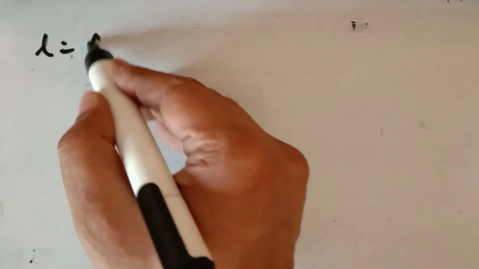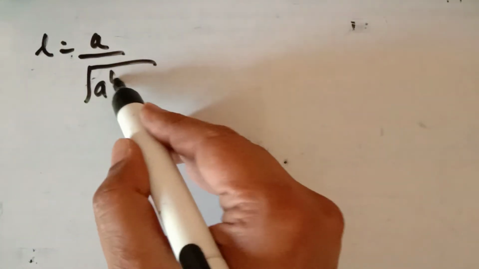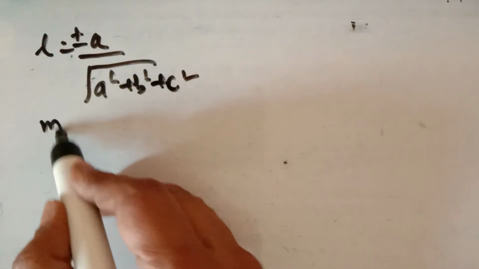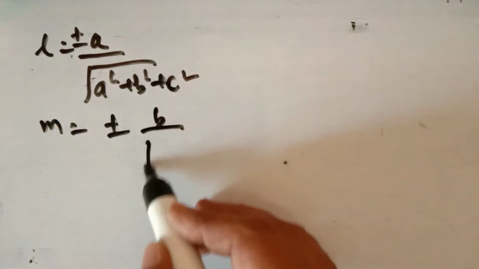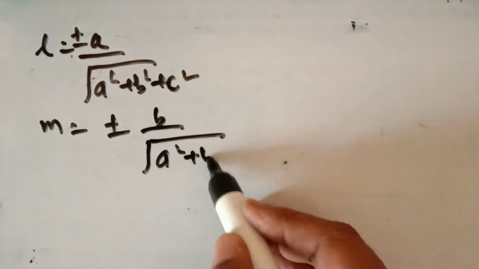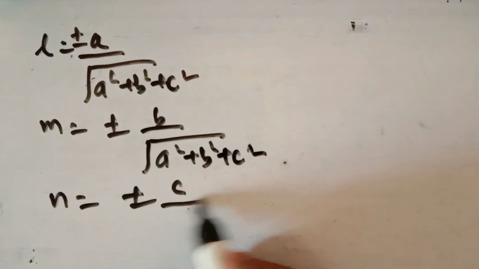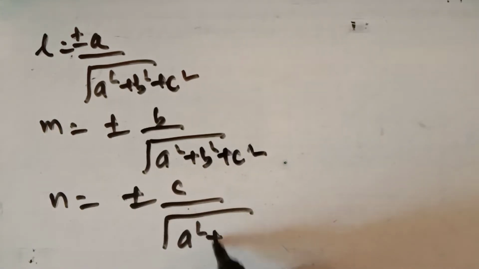So when you solve it, you will get l as plus minus a upon under root a square plus b square plus c square, m equal to plus minus b upon under root a square plus b square plus c square, and n is equal to plus minus c upon under root a square plus b square plus c square. These are the direction cosines when the direction ratios of the line are given.